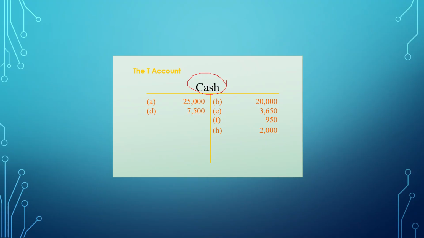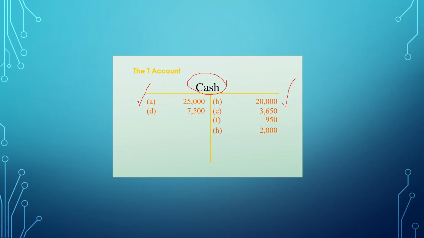Therefore, since the left side is the debit side, we put the increases in cash on this side. And then the right side of the T is the credit side.